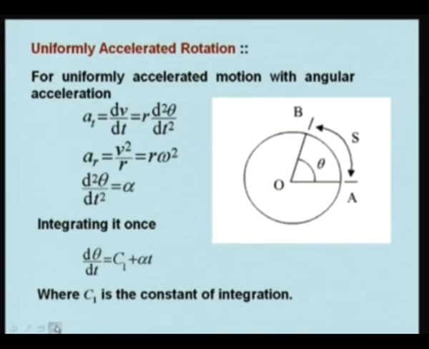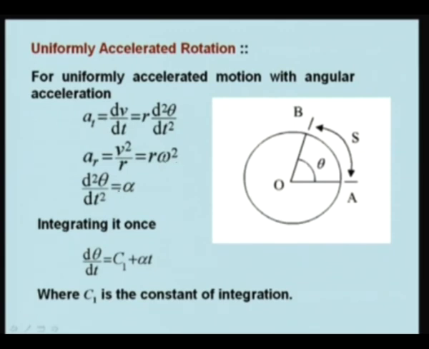Uniformly accelerated rotation. For uniformly accelerated motion with angular acceleration, at is equal to dv by dt, which is equal to r d square theta by dt square. Ar is equal to v square by r, that is r omega square.